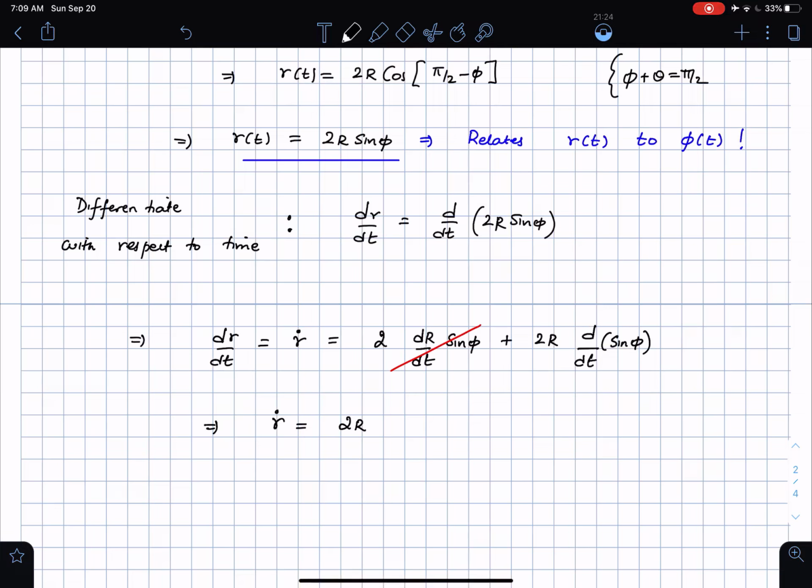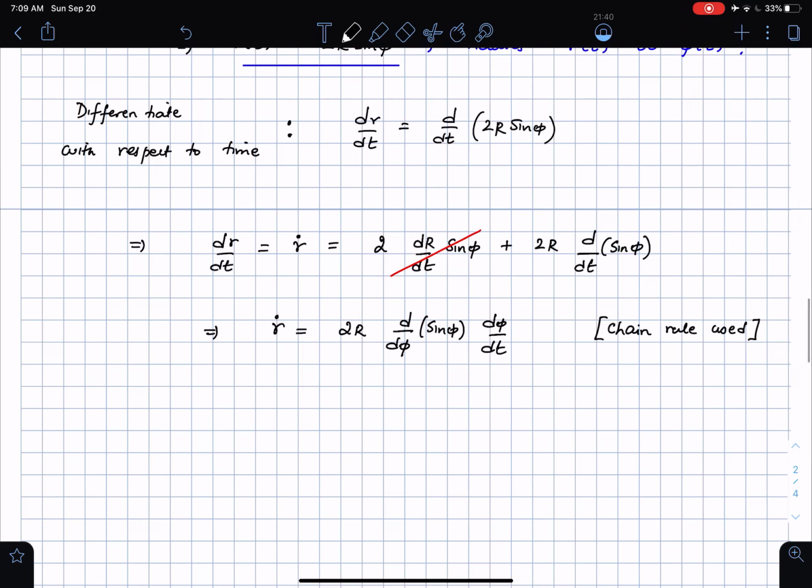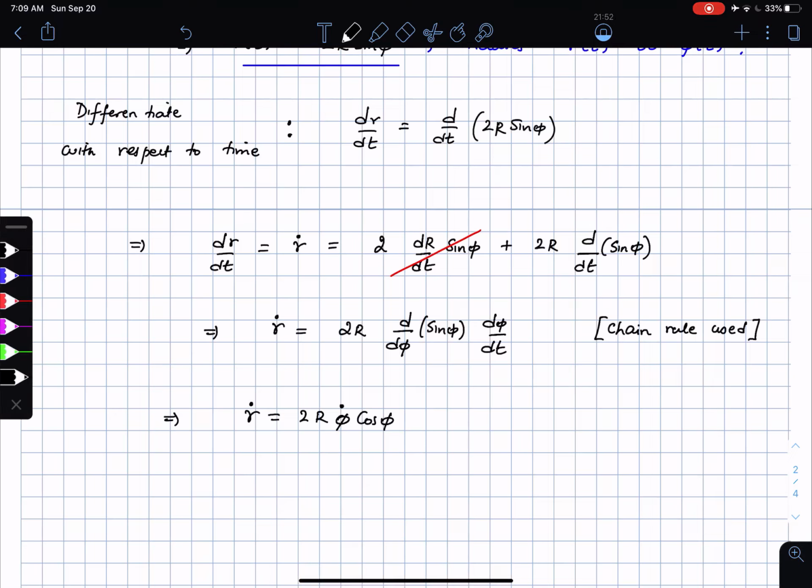Look at this, d by dt of sine phi, use the chain rule. This is d by d phi of sine phi, d phi by dt. Okay, where I have used the chain rule. Okay, and d phi by dt is phi dot, and d by d phi of sine phi is cosine phi. Okay, so which means that r dot is equal to 2 times r times phi dot cosine phi. Okay, so that is another important piece of good news there, or useful information.